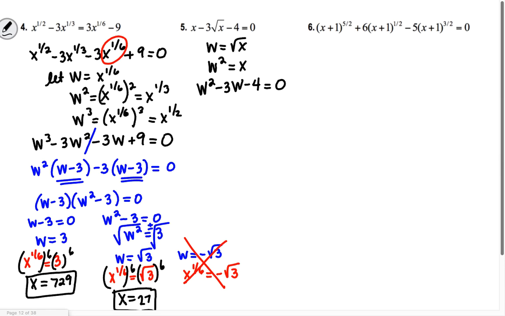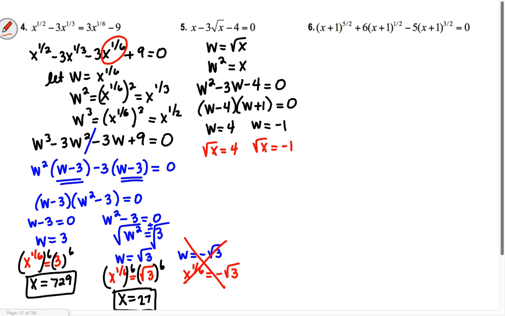And then we factor. So w minus 4, w plus 1. So we get w is equal to 4, and w is equal to negative 1. We then replace. So we have the square root of x is equal to 4, and the square root of x is equal to negative 1.